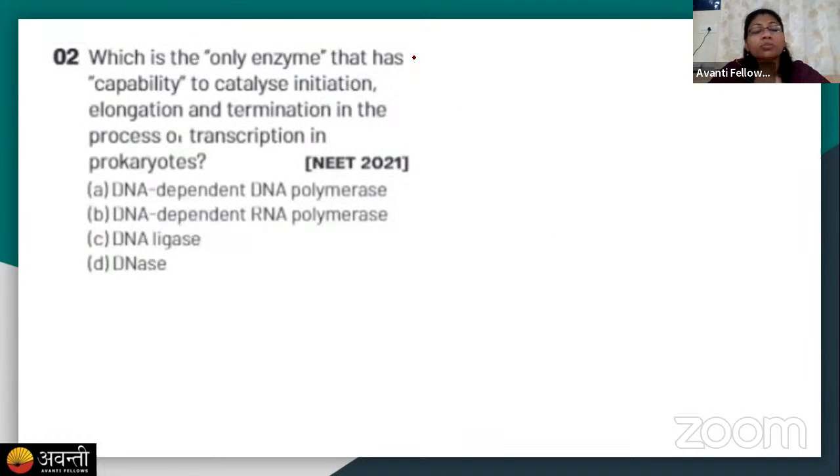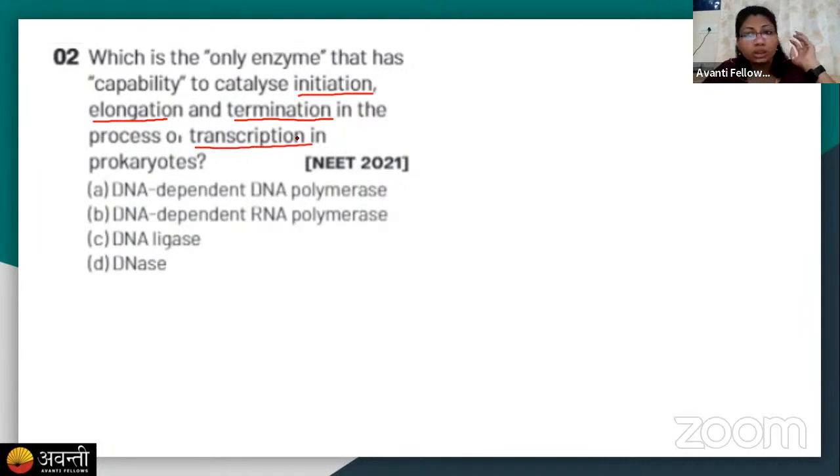Now we are moving towards our second question. The second question is, which is the only enzyme, that means a single enzyme, that has the ability to catalyze initiation, elongation, and termination in the process of transcription in prokaryotes.